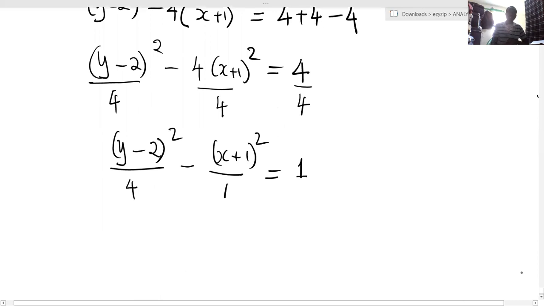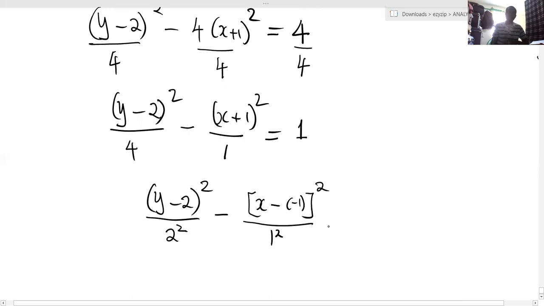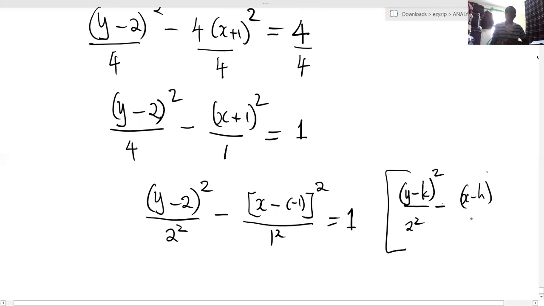And you see this is the same as y minus 2 squared over 2 squared minus x minus 1 squared divided by 1 squared equals 1. And you see now this is the standard form: y minus k squared over a squared minus x minus h squared over b squared equals 1.